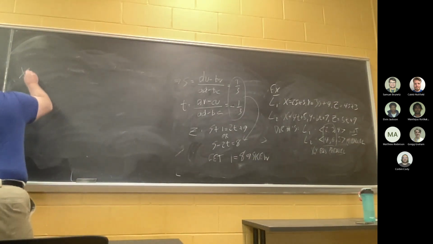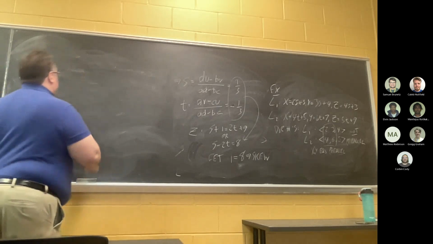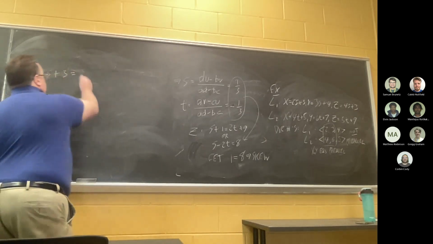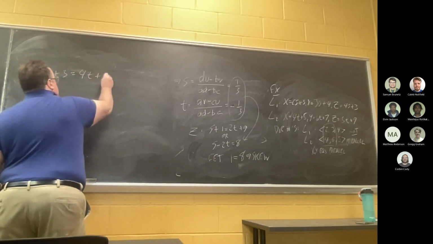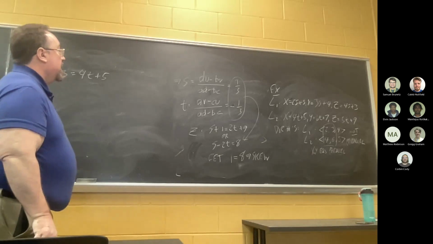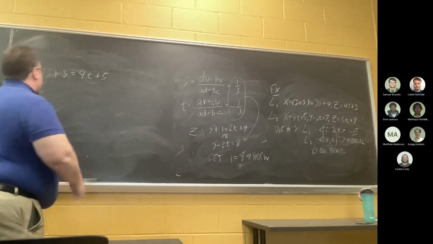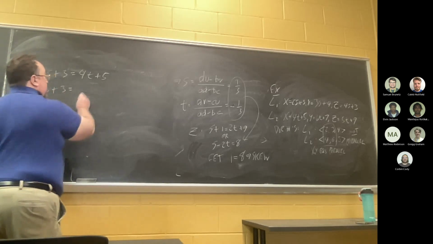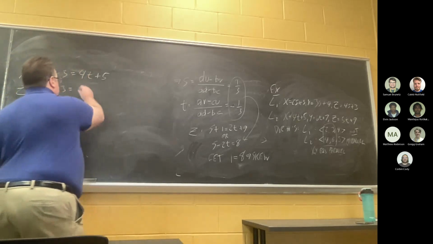For x, I have 2s plus 3 equal to 4t plus 5. For z, I have 4s plus 3 equal to 5t plus 9.